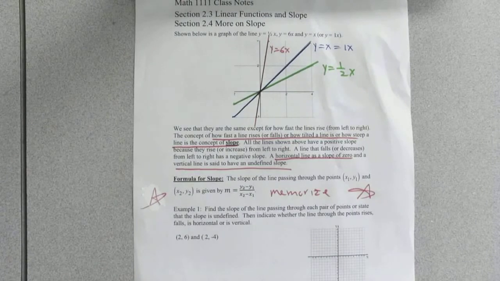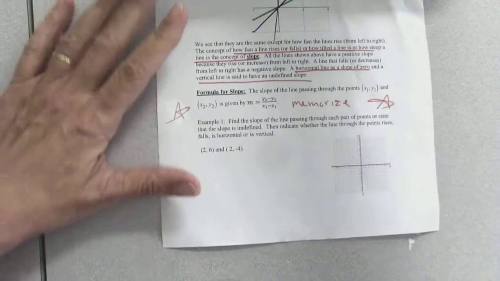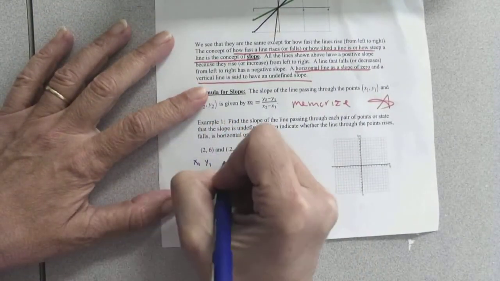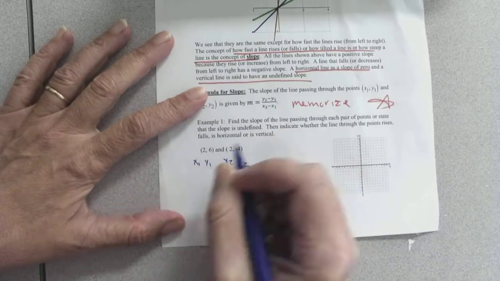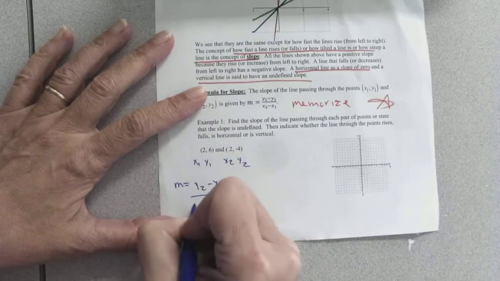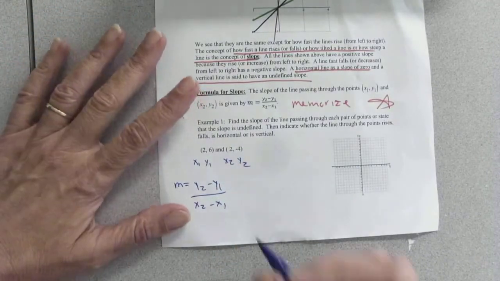So example 1 here, find the slope of the line passing through each pair of points or state that the slope is undefined. Then indicate whether the line through the points rises, falls, or is horizontal or vertical. So we will just start by using our formula. If it helps you, label your points. And slope is y2 minus y1 divided by the quantity x2 minus x1.